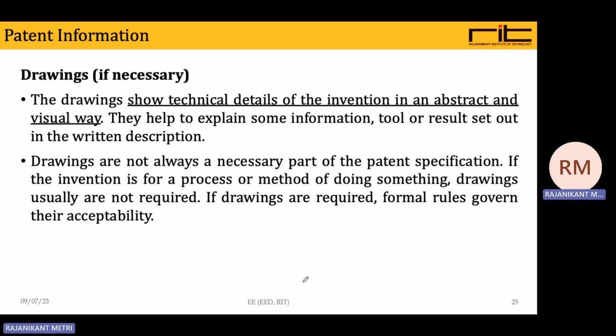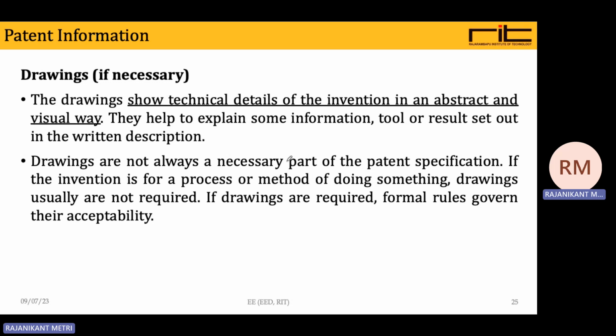Then the next section is drawings, if necessary, or you can say optional. Generally, drawings show technical details of the invention in an abstract or summarized manner in a visual way, and they help to explain some information, tool or results set out in the written description. So whatever is written in the written description can be visually seen through the drawings.